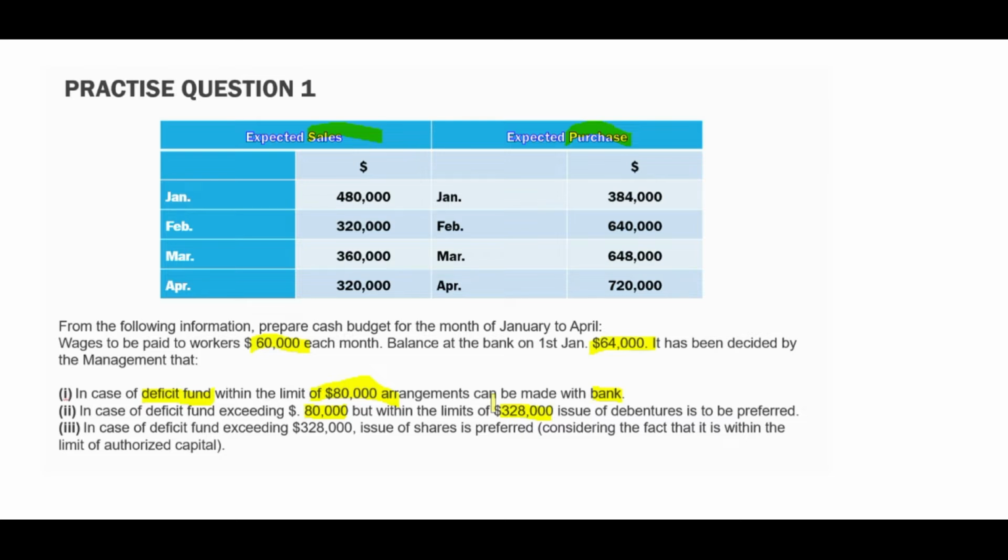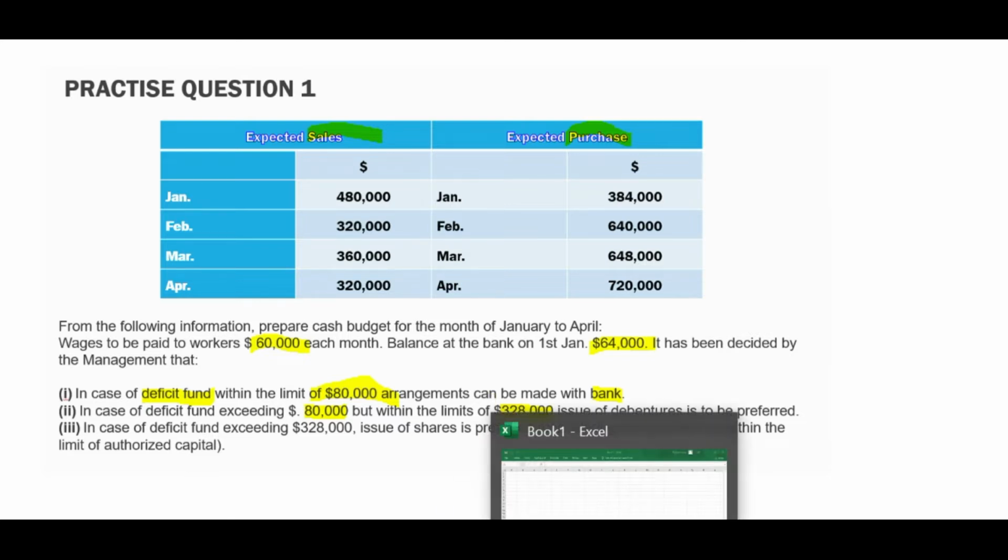So these are 3 different scenarios. It depends on how much deficit we have. Again, when you take all the receipts minus all the total payments, if you get positive, it is surplus; if you get negative, it is deficit.